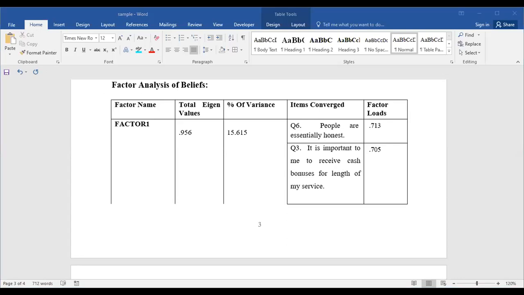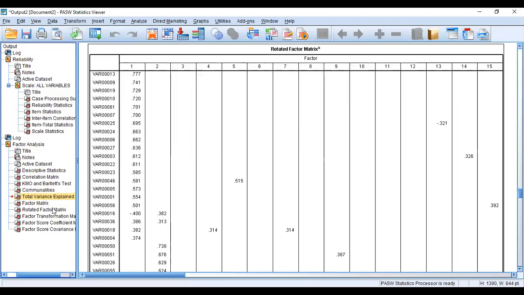The items converged have to be taken from this rotated factor matrix. Under factor 1, variable 13 with factor load of 0.777. Okay, what is the question number?